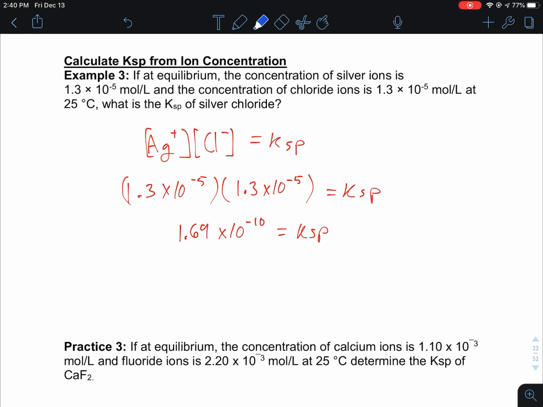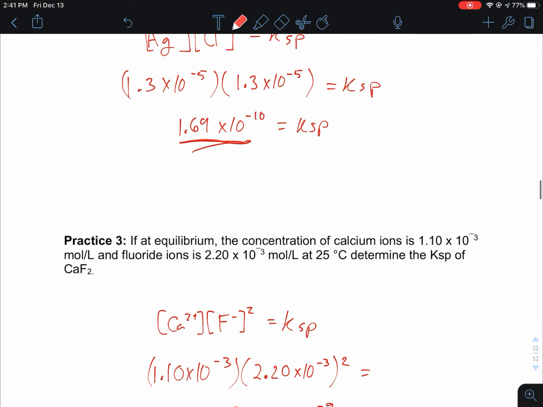So here we are given the concentration of silver ions, that's the Ag+, at some value, and the concentration of chlorine ions, so that will be our Cl- at some value, and then we can calculate the Ksp from those values. And so there we go. We multiply the 2 numbers as we replace them in the equation, and we get our Ksp. So now here's our Ksp, final value.